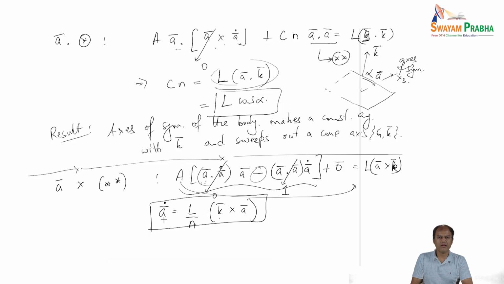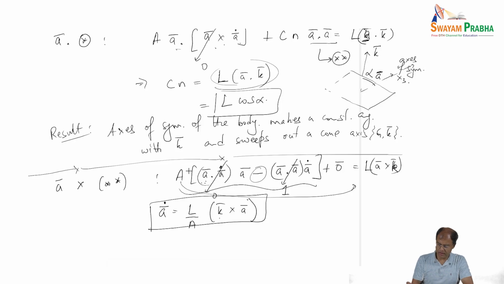So the result is the angular velocity about the axis of symmetry. The K axis is going to be fixed, and so the motion is such that the body is rotating about the axis of symmetry, or we call this a precessing motion.